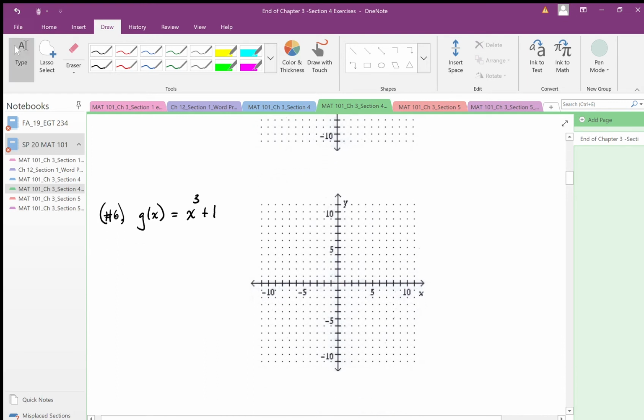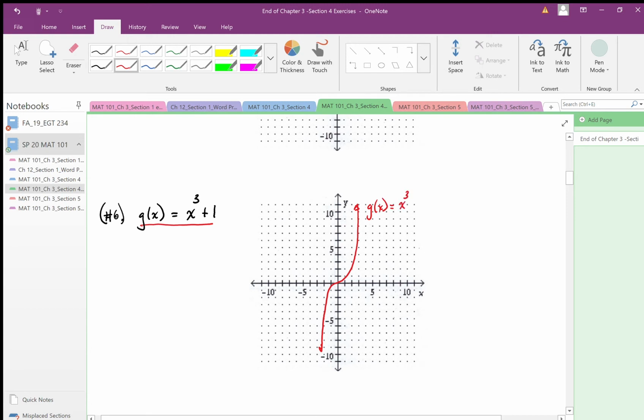Let's do another one here, whereby we have g of x equals x cubed plus 1. The basic function looks something like this, and this is your g of x equals x cubed.